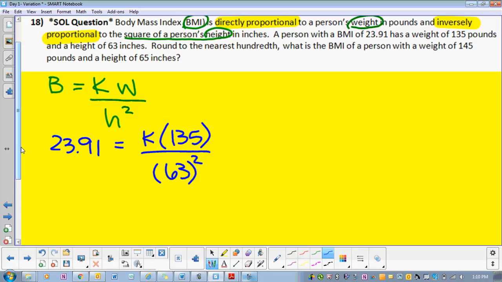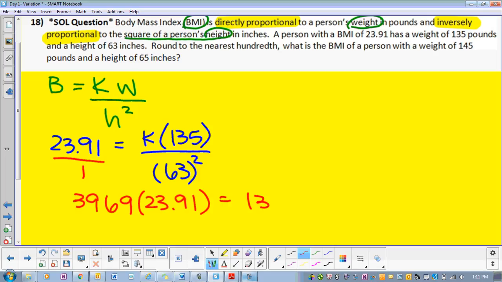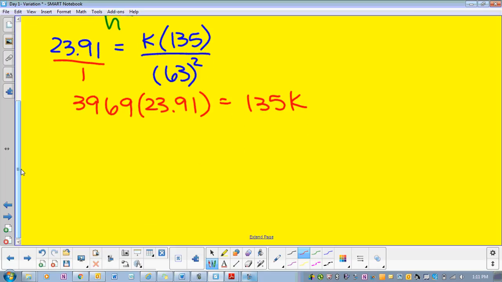Okay, so I need to find K. All right, so since I have this, I guess I could cross multiply here and then solve, right? What's 63 squared? 3969. Yes. 3969 times 23.91 equals 135K. Right?